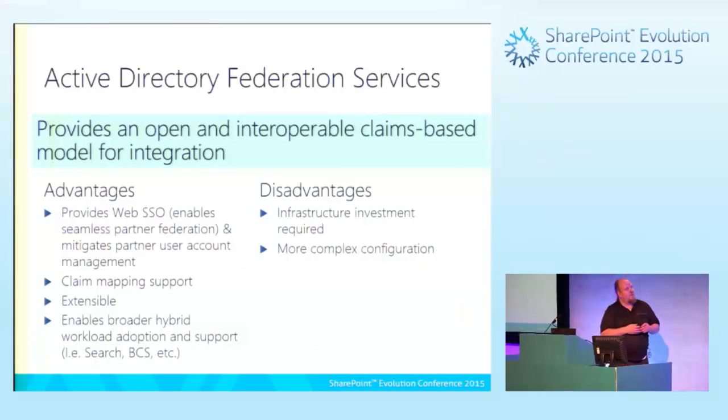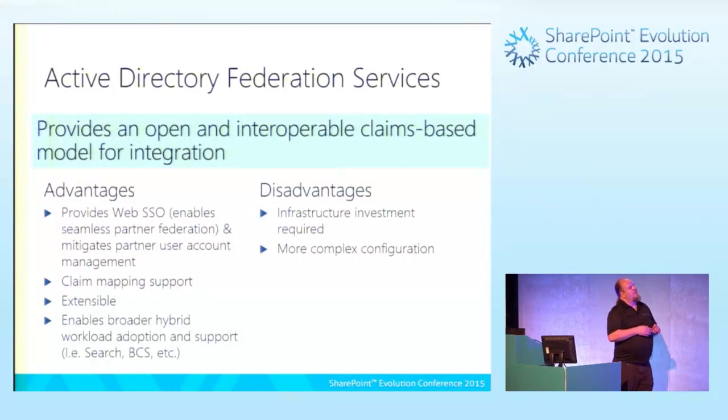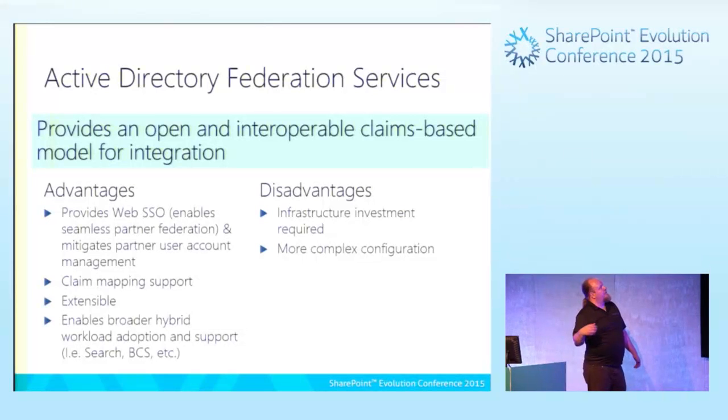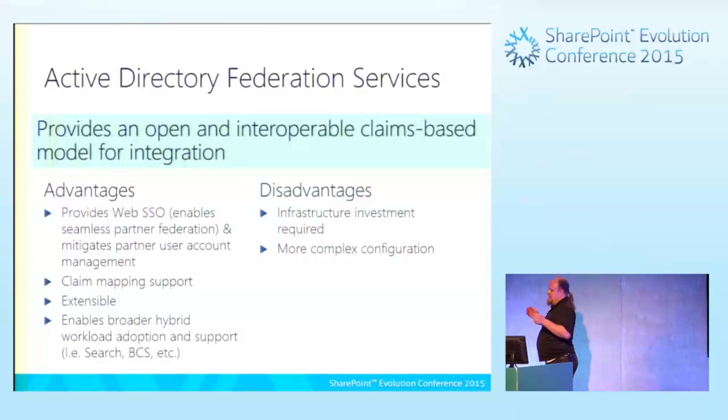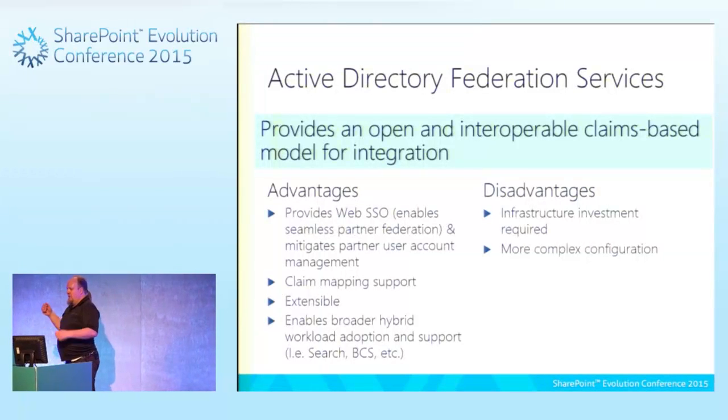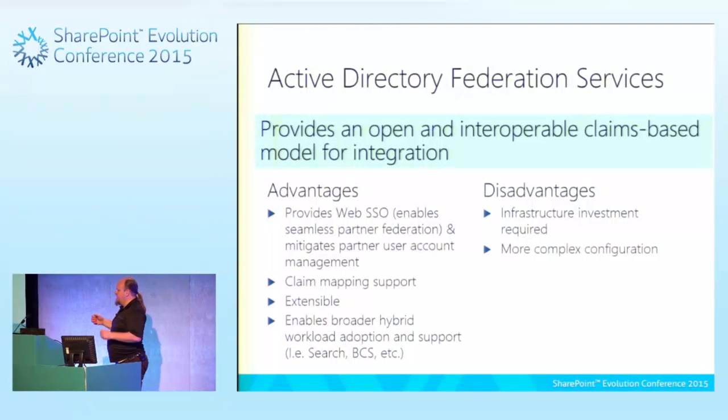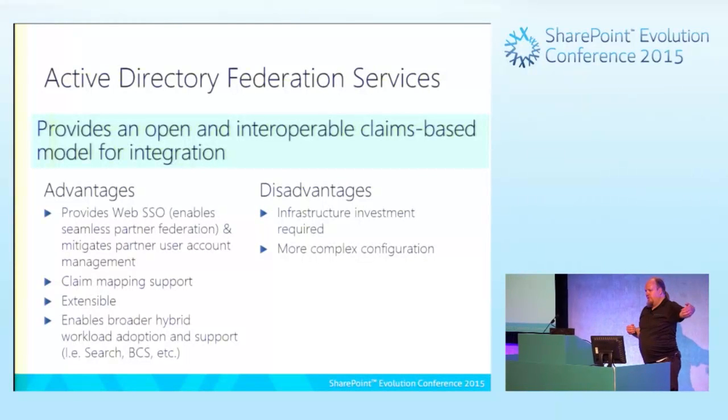So this provides the richest way of extending the environment, because it is a fully open, claims-based model for integration. If you have an ADFS infrastructure, you can extend that to whatever system you have on premises.